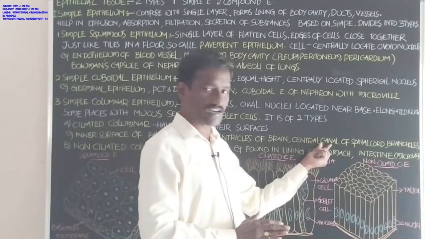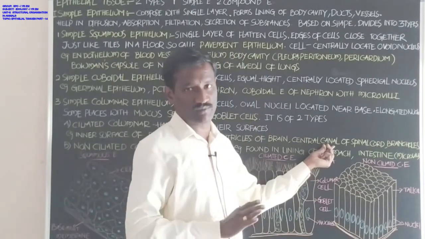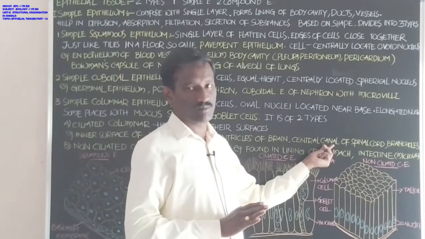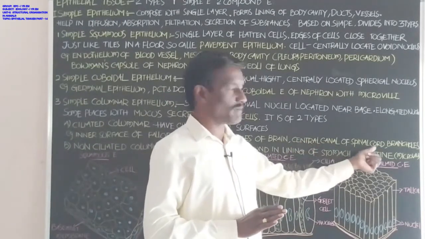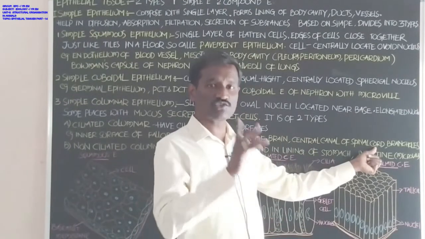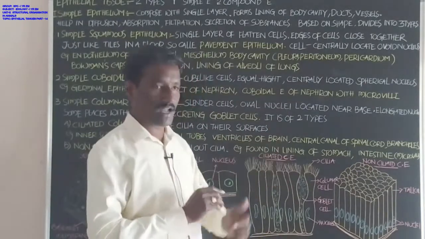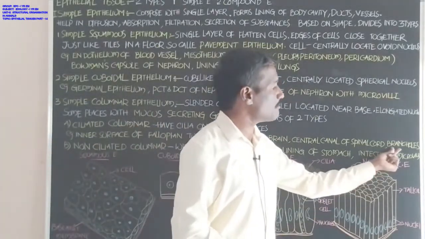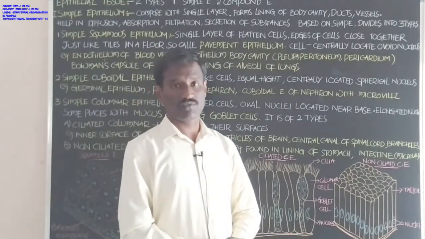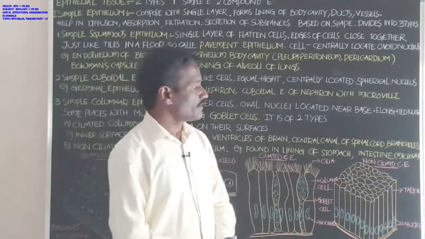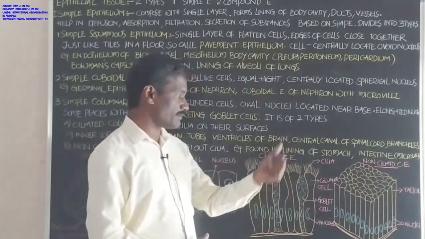A canal allows the passage of fluid, that is, cerebrospinal fluid. The central canal of the spinal cord is also lined with ciliated columnar epithelium. Next, bronchioles, which are parts of the respiratory system, are also lined with ciliated columnar epithelium.